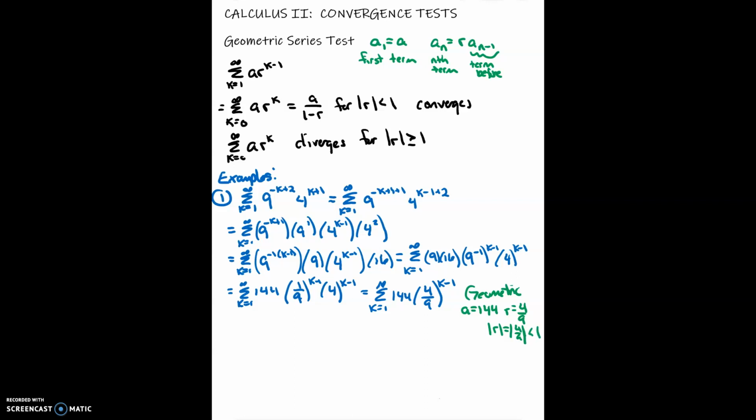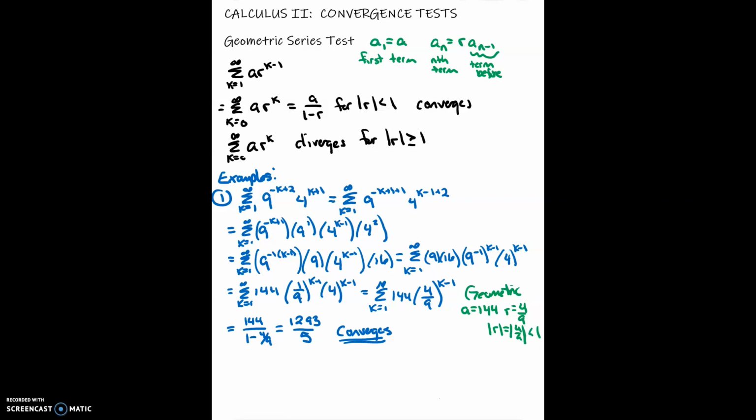If it's less than 1, that tells me that this converges. Furthermore, I know it converges to a, which is 144, over 1 minus r, which is 4/9. So 144 over 1 minus 4/9. We can simplify that a bit. We end up with 1,293 over 5, and it converges. So not only do we know that this converges, but we know what it converges to. Now recognize we don't always know what series converge to, but we can usually determine if they converge or not.